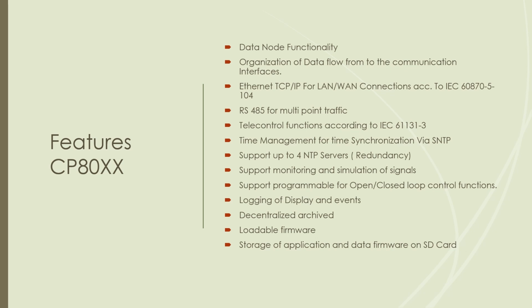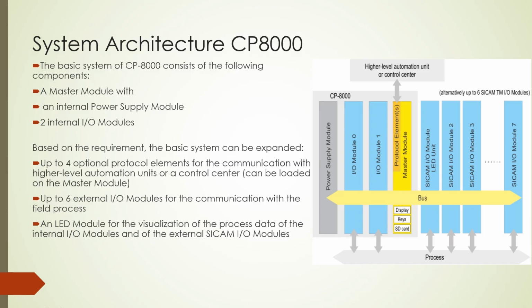So now we'll talk about the system architecture supported by CP8000. The basic system for CP8000 consists of the following components: one is the master module with an internal power supply module, second is the internal IO modules. Based on the requirement, the basic system can be expanded with up to 4 optional protocol elements. Now the system architecture of CP8021.